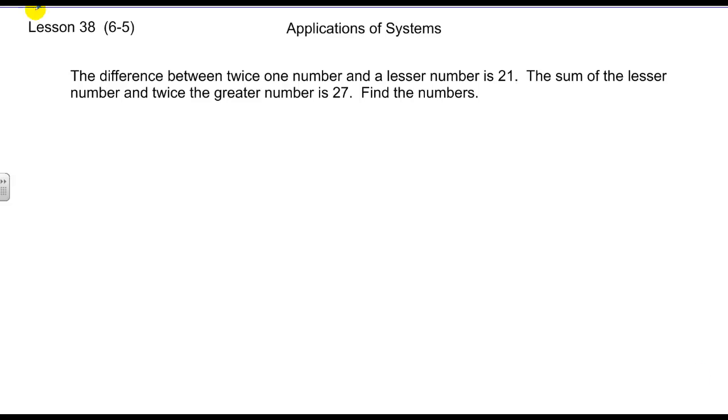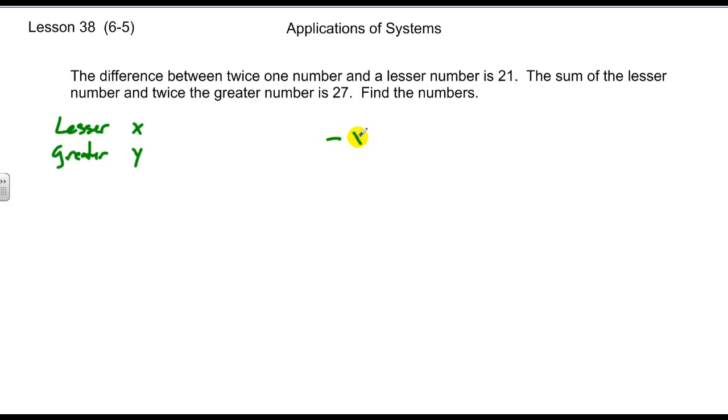So let's go ahead and talk about the lesser number and the greater number. I'm going to call the lesser x and the greater y. And it says the difference between twice one number and the lesser number. So twice one number and the lesser number, it's a difference.